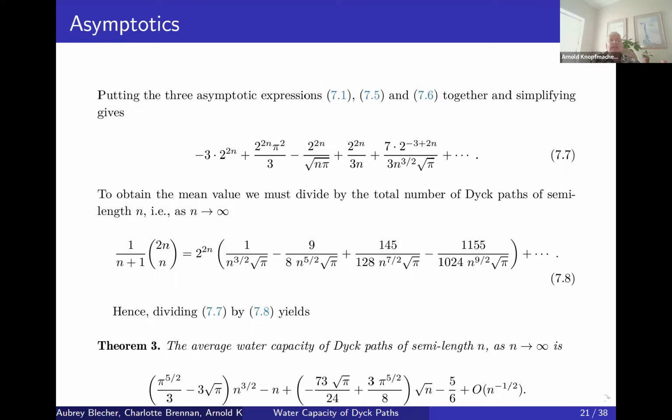And we see that it's also something whose largest term involves 2 to the power 2n, which is good news because that means when I divide the one by the other, the 2 to the 2n will cancel out. But there are some further powers of n that come from the big bracket. And after doing the division, once again, the division is best done with Mathematica or Maple. We end up with the answer that I showed before and is repeated here in Theorem 3.